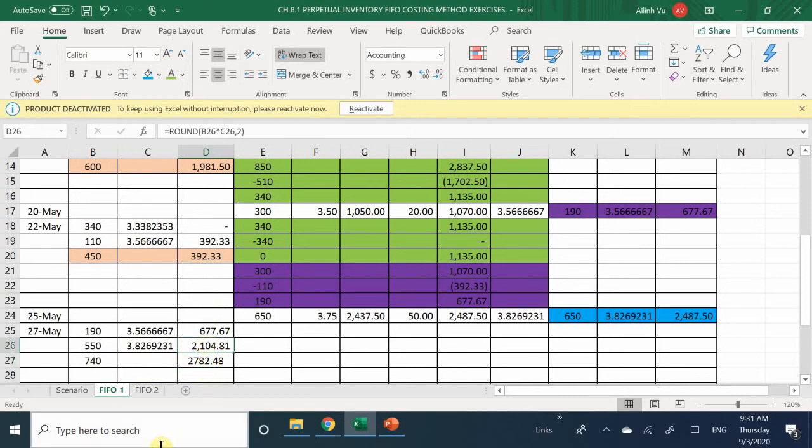Okay, so for those who don't know what I just did, since this number is such a long number, I went ahead and rounded this number right here. Now this is the only number you can round because this is the number that we're going to be using in our journal. A lot of people make errors here because when they do not round in Excel on this section, in our total cost when we journalize, as you saw earlier, my total cost of the inventory was 1 penny off.